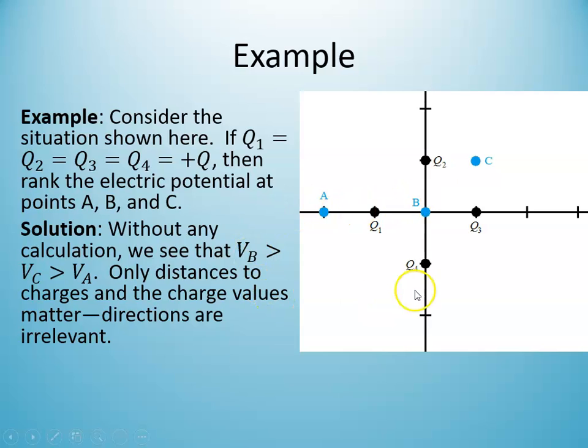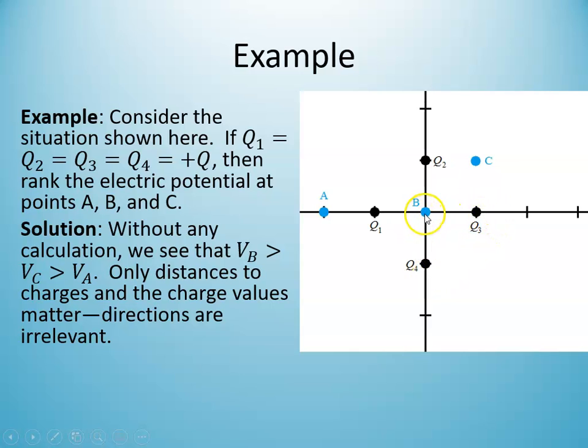And also we can see that since point C is closer to our point charges in general than is point A, after all, point A is really far away from Q3, whereas point C is closer to Q2 and Q3 than point A is to anything except for Q1, where it's tied, and point C is also closer to point charges Q1 and Q4 than point A is to charges Q2 and Q4, let alone Q3.